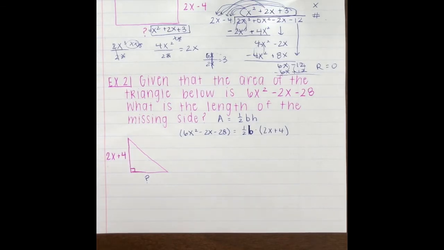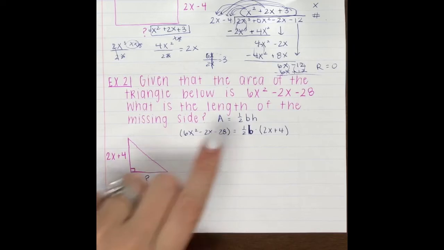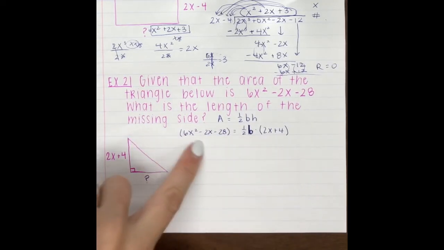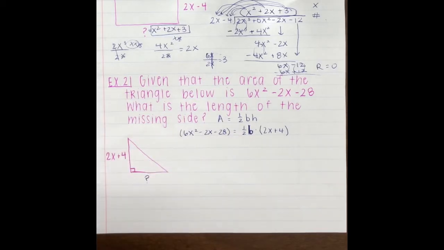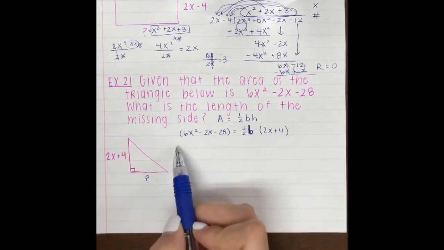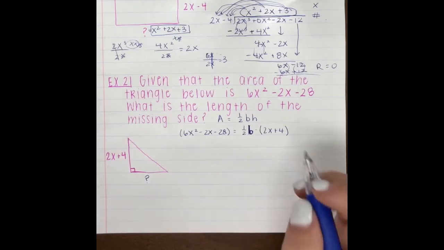The 2x plus 4. You could do it either way first. You can go ahead and cancel out the 1/2 and then divide by your 2x plus 4, or you can divide by your 2x plus 4 and then multiply by your 1/2. If you wanted to work with smaller values, it may be easiest to cancel out the height first and then cancel out the 1/2.